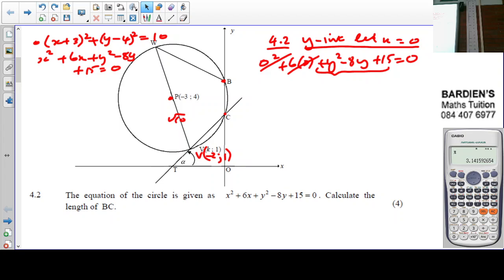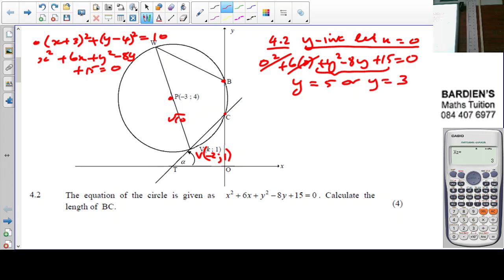So again, people, don't be brave if you can't factorize a trinomial. Use the quadratic formula. Okay? So we have 1, negative 8, 15. That gives us a y value. And some people write x when they use the quadratic formula. Watch out for that. So y is equal to 5 or y is equal to 3.